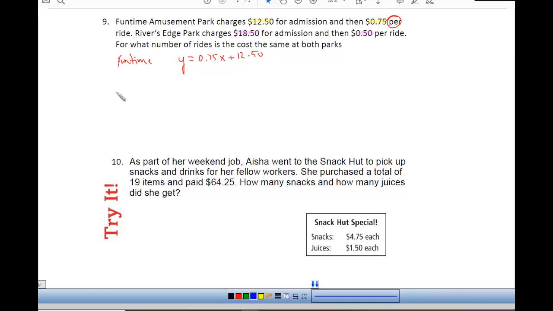And then the second park, River's Edge, I can model that. Looks like it's 50 cents per ride. There's my rate of change. And the initial starting cost is $18.50. Okay, so again, we're just going to set these 2 equal to each other.